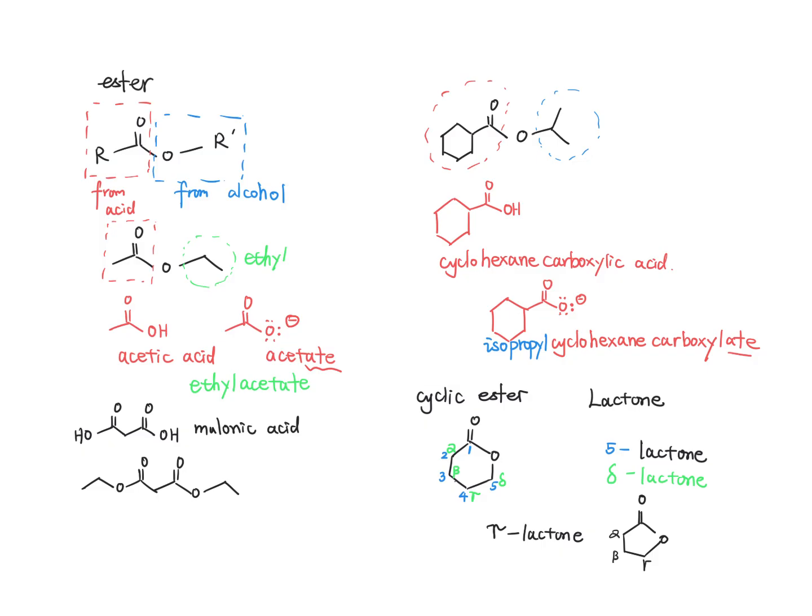The acid part still comes from malonic acid, so that part will be called malonate. The ic acid becomes ate because the hydrogen got replaced. From the alcohol side, the R group is an ethyl group in this case, so we will have diethyl malonate. That is how we name this ester that comes from a dioic acid.